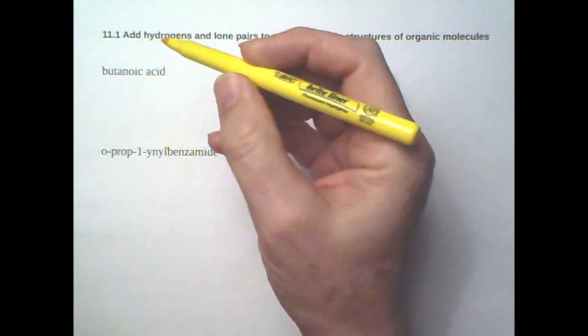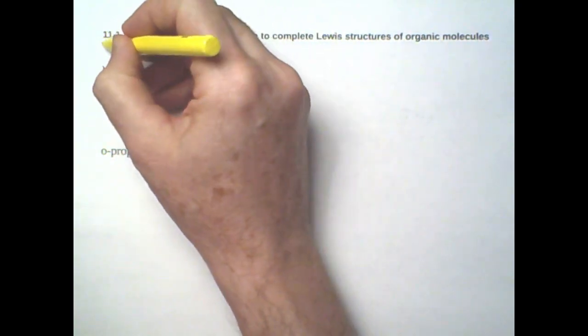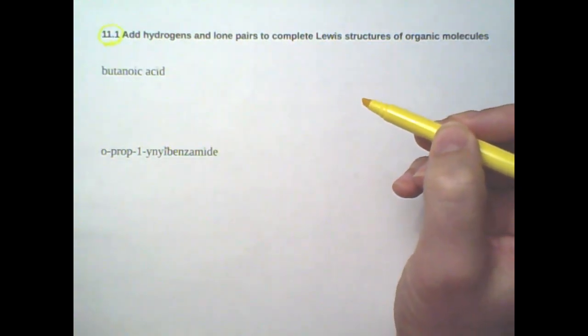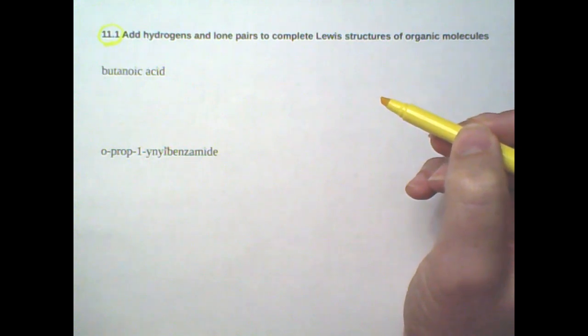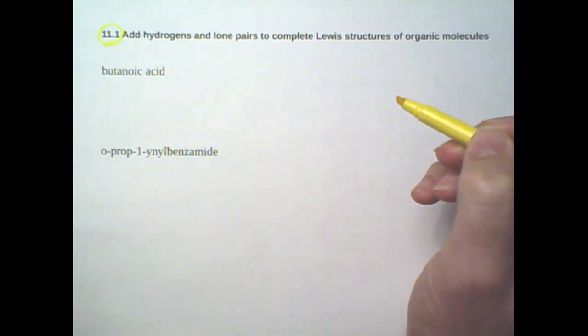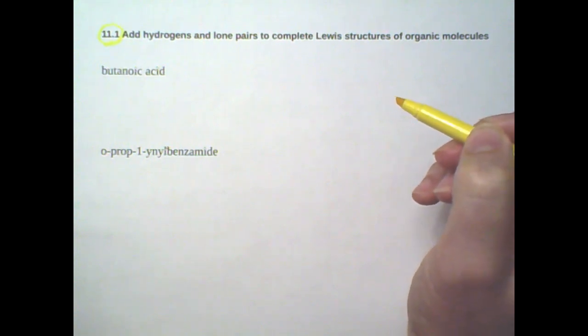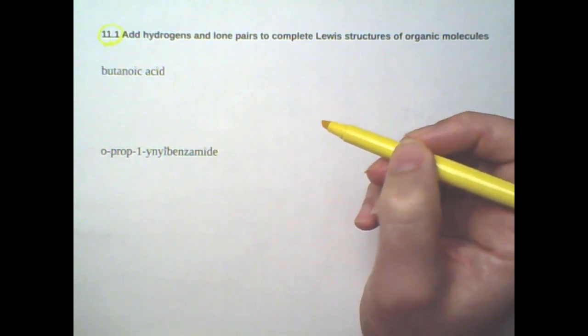On these problems for learning objective 11.1, open to a new page, get out your quick reference sheets. You're going to want your references for decoding the names of organic molecules.